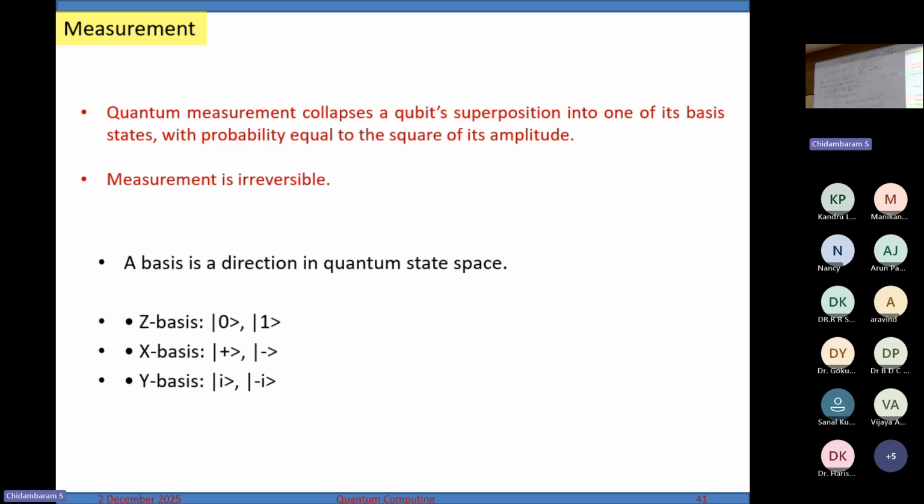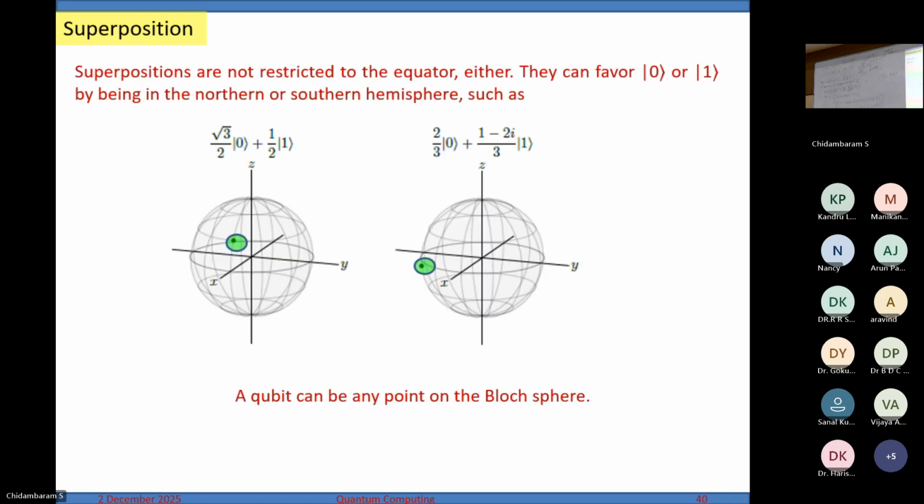And remember, measurement is irreversible. The probabilities are the square of alpha and the square of beta.